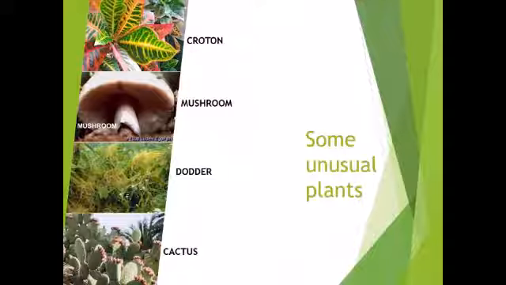This stem is green and fleshy, so it has chlorophyll and it can prepare food for the plant. So in these types of plants, food is prepared by fleshy stems instead of leaves because leaves are absent. So all these were some unusual plants and they have some different characteristics.